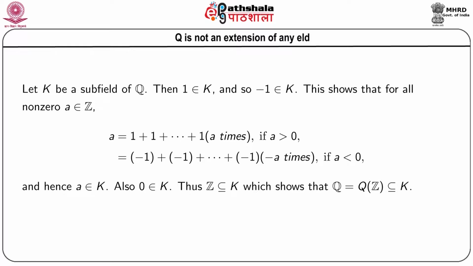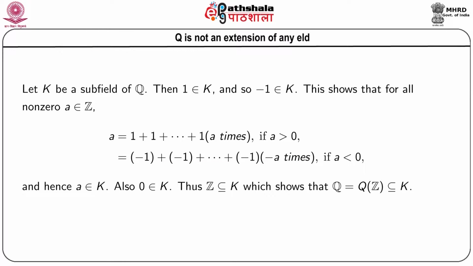Since K is a subfield of Q, 1 belongs to K, and so minus 1 is also in K. This shows that for any non-zero integer A, we have A equal to 1 plus 1 plus so on plus 1, A times, if A is greater than 0, and A is equal to minus 1 plus so on plus minus 1, minus A times, if A is less than 0.